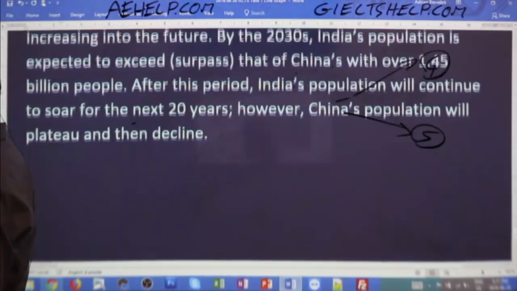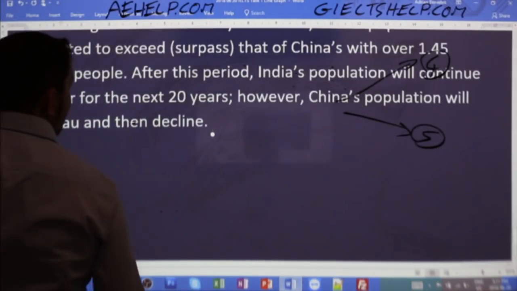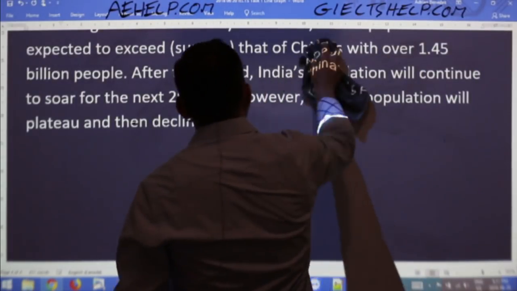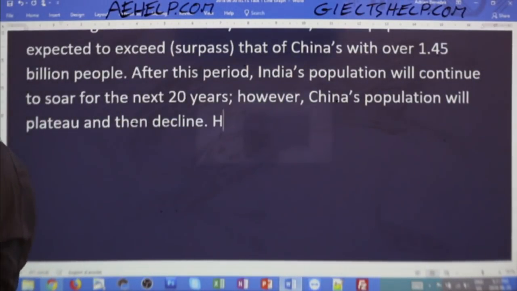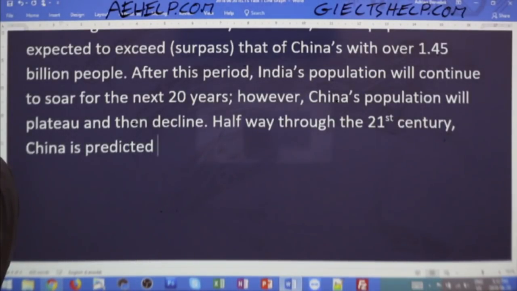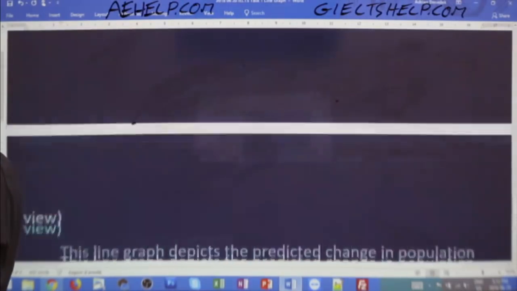So even though this looks like a really simple line graph, you can get quite fancy with how you report the data. Halfway through the 21st century, China is predicted to have approximately how many?